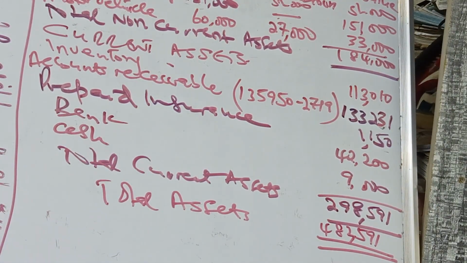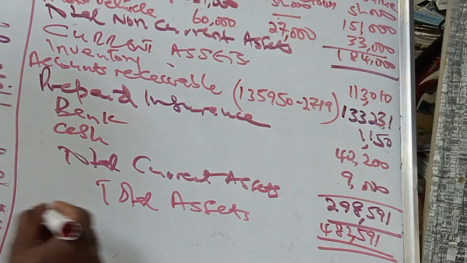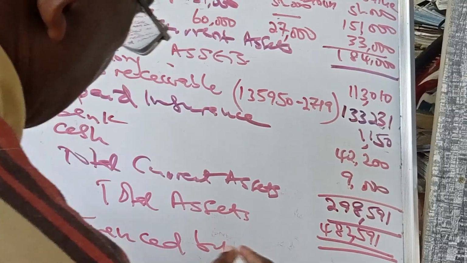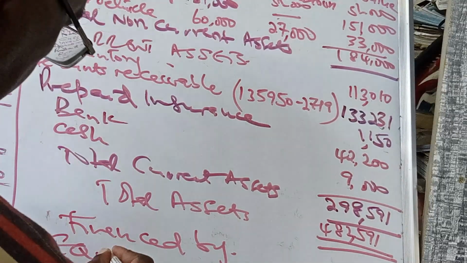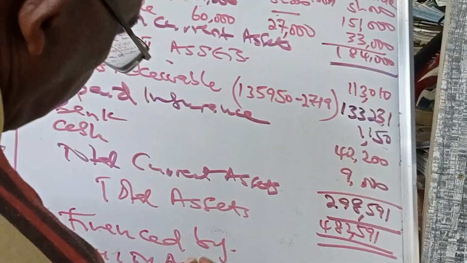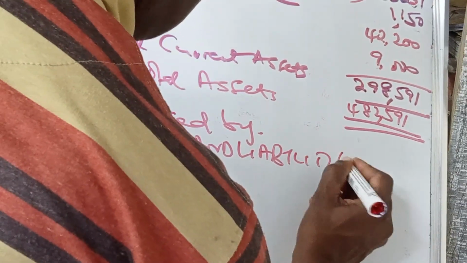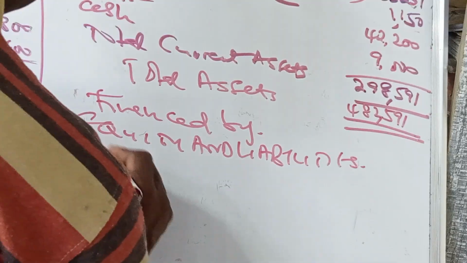And then we say financed by equity and liabilities, then equity and reserves.